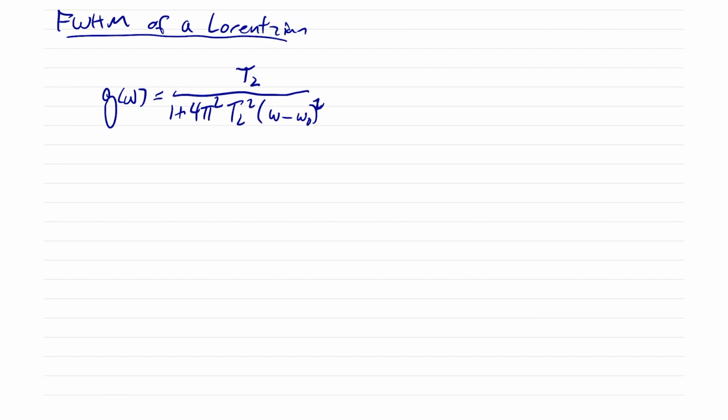So it is a function that is centered at w naught. Not technically centered at 0, but if you did put w naught in for w, it is going to give us g at w naught is equal to T2.